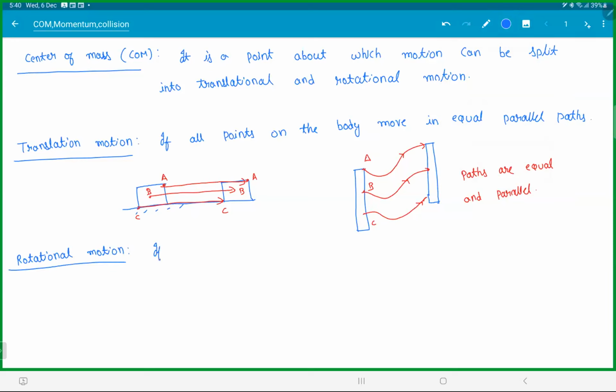If every point on the body rotates through the same angle.